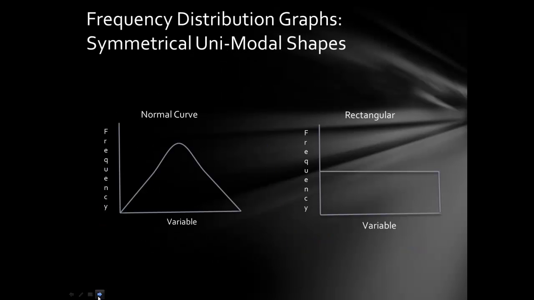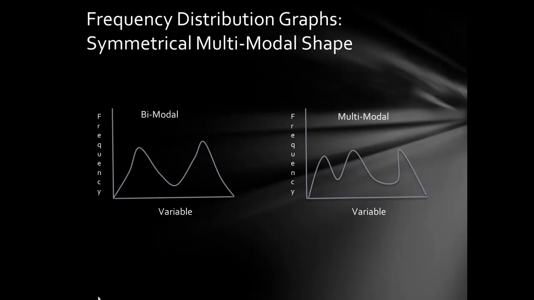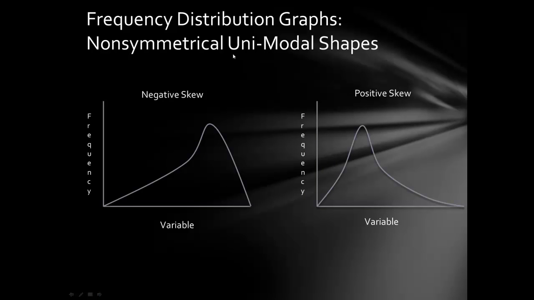And it's going to be important for you to identify what is the shape of the data so that you can then decide what type of analysis is most appropriate.